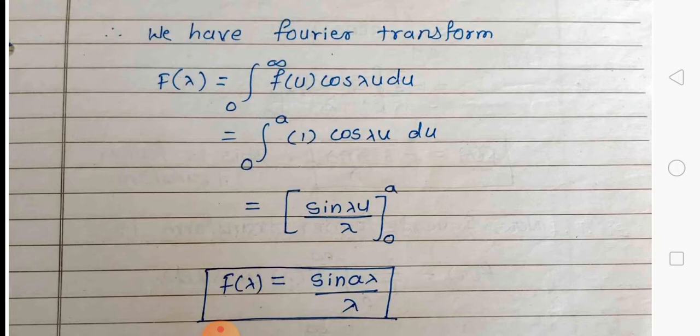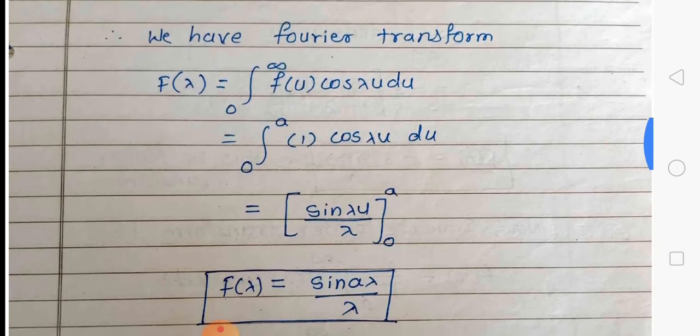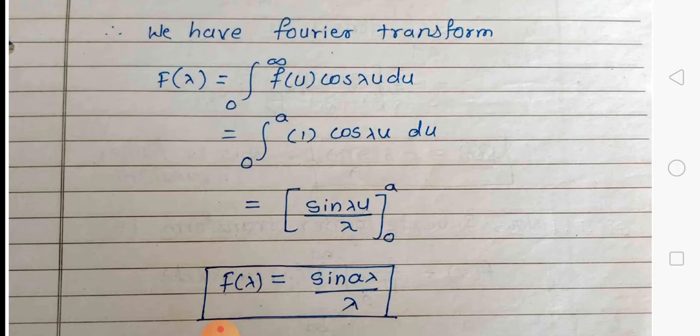We take 0 to a and a to infinity. But in between a to infinity, the value of function is 0. Therefore, we take only 0 to a. Value of function f of u in 0 to a is 1. Therefore, 1 into cos lambda u du.